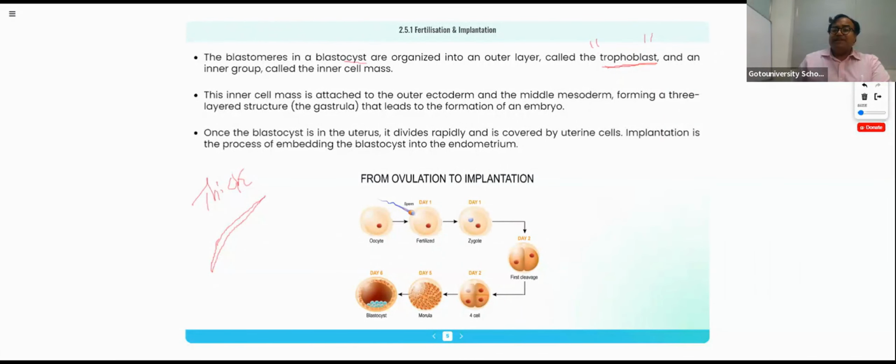The blastomeres are organized into three important layers: the outermost ectoderm, the middle mesoderm, and the innermost endoderm, which is not mentioned here, but we need to know it. It is made up of blastomeres that slowly differentiate into n number of mother cells.